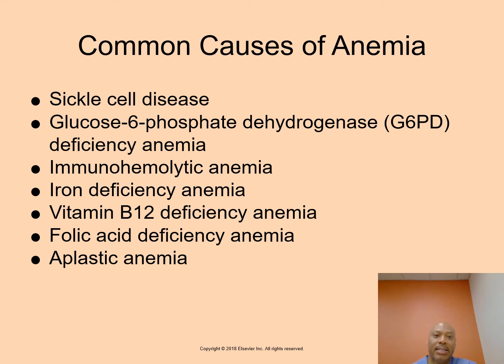As far as signs and symptoms, these patients experience pallor of the skin, jaundice. They also have what we call glossitis, a smooth, beefy red tongue. Remember that, a beefy red tongue. There's also fatigue and weight loss. They may also have paresthesia, which is an abnormal sensation of the feet and hands, and poor balance.